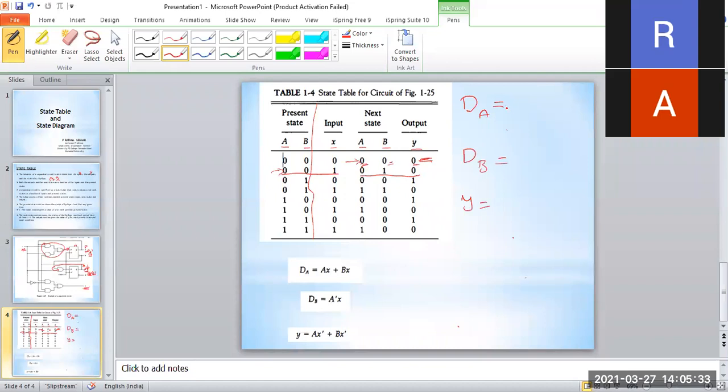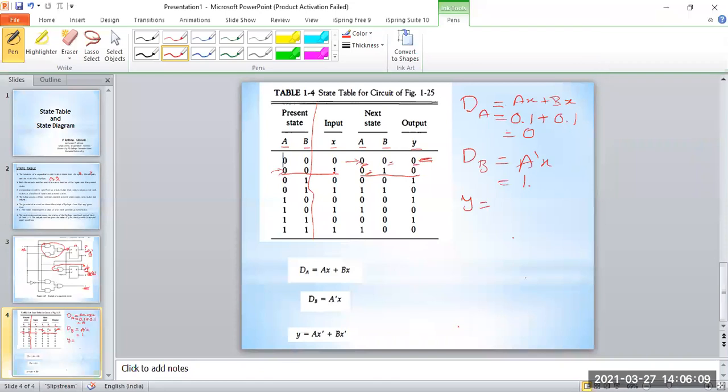Now the equation here is ax plus bx. If you substitute the values here, a is 0, x is 1, plus b is 0, x is 1. So dA becomes 0. Now coming to dB, dB's equation is A complement x. Now A is 0 in this part. When we convert it into complement, it becomes 1, and x is 1 here.